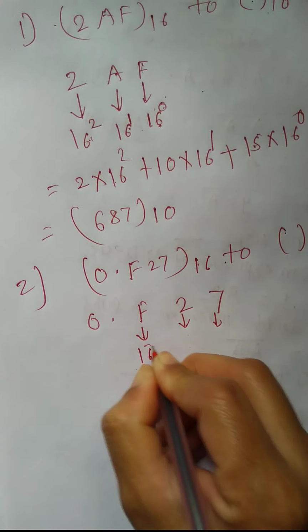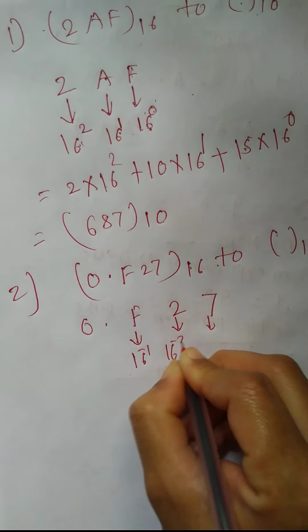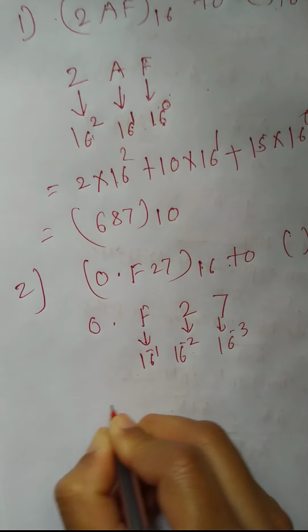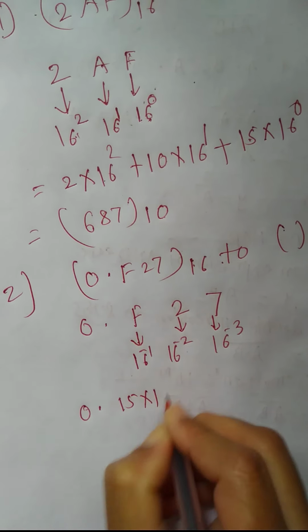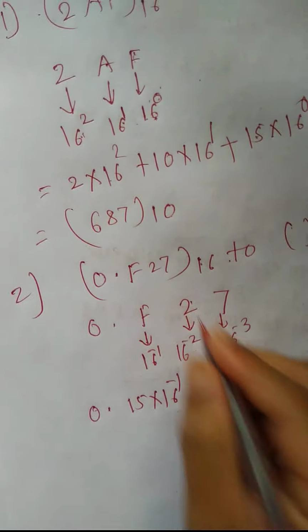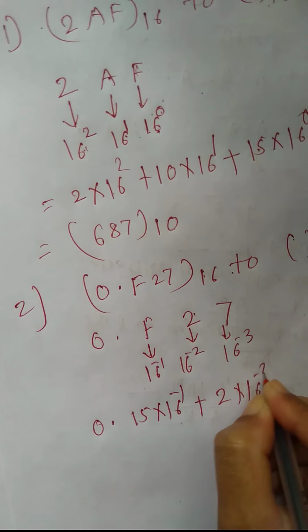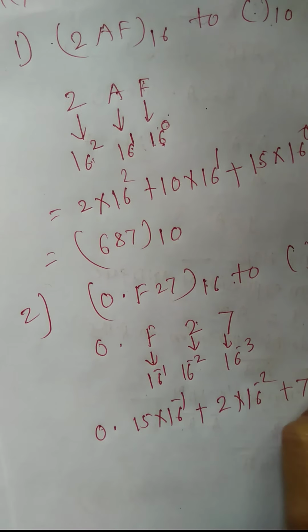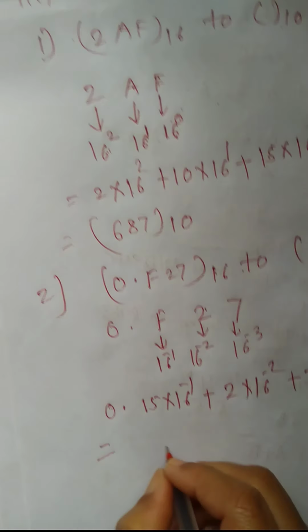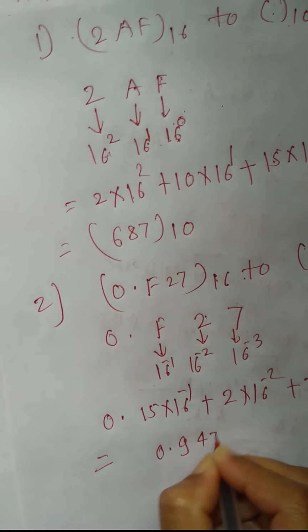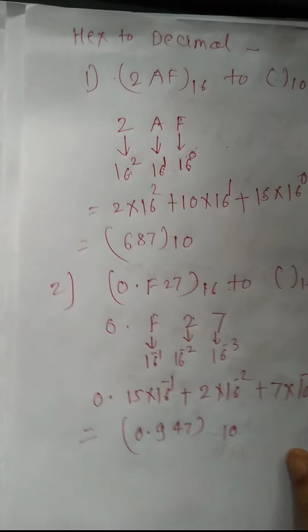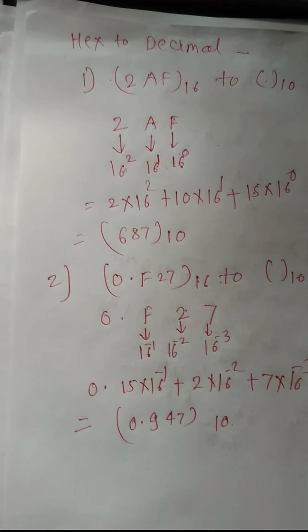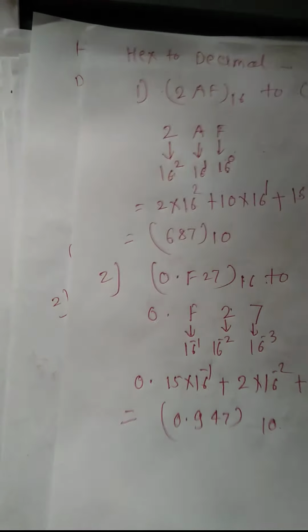So F is 16 raised to minus 1, then 16 raised to minus 2, 16 raised to minus 3. So the answer: 0.F is 15 in hexadecimal, 15 into 16 raised to minus 1, plus 2 into 16 raised to minus 2, plus 7 into 16 raised to minus 3. The answer is 0.947, base 10. This conversion is hexa to decimal number.